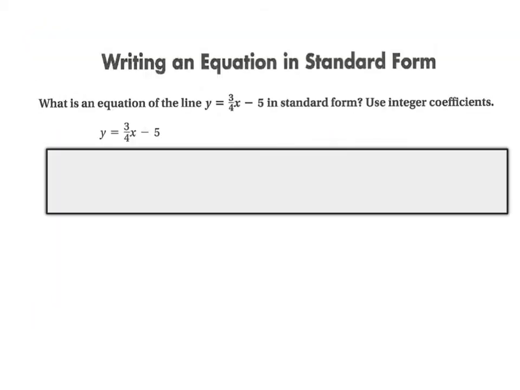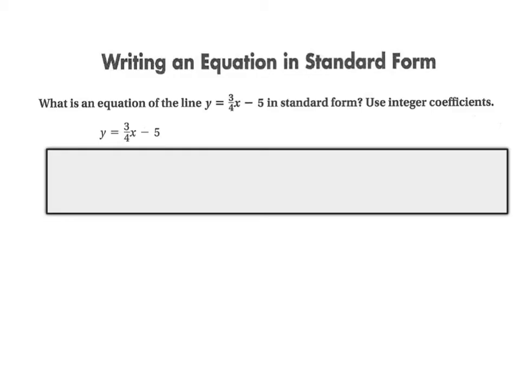So here we have an equation that's in slope-intercept form, but I want to write it in standard form. So I got to go through my rules and see if I've broken any of the rules. The first rule is no fractions, and obviously I broke that. Now remember, we can get rid of fractions if we multiply every single term, not both sides, because if you want to multiply both sides, you have to have one term on both sides, so we'd have to put parentheses.